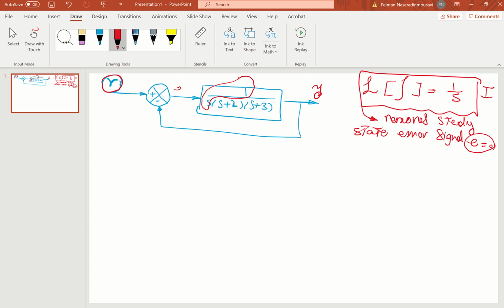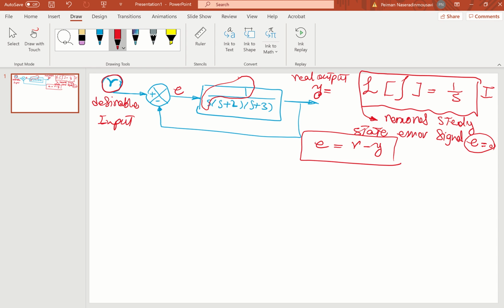What is the error signal? Here the error signal is R minus y. The y is the real-time output of the system, and R is the desirable input that you want to follow.